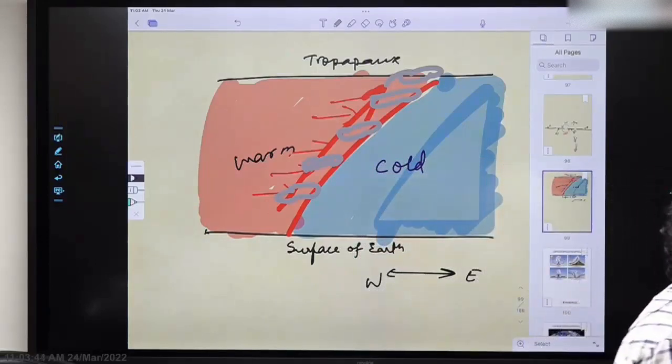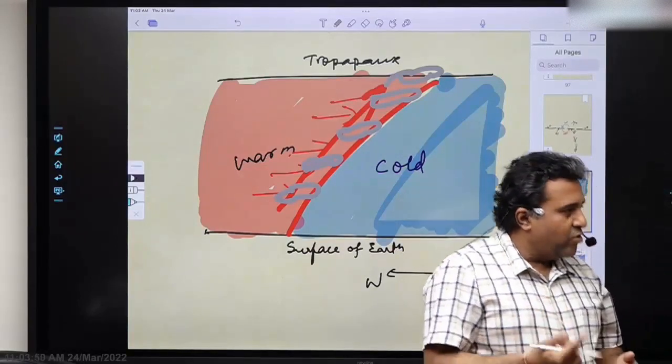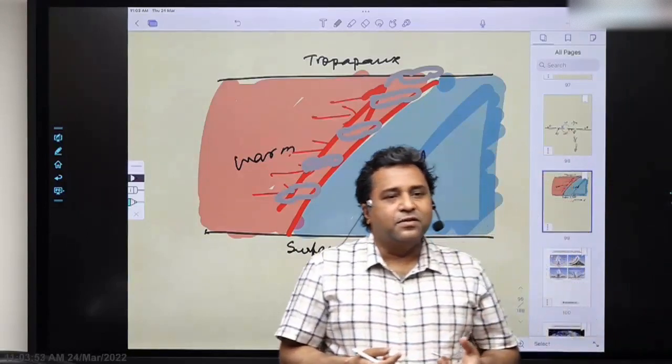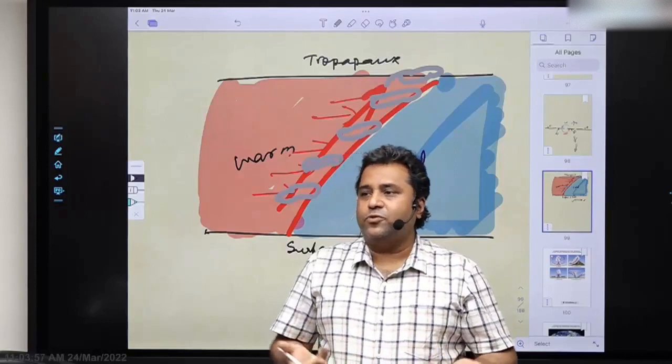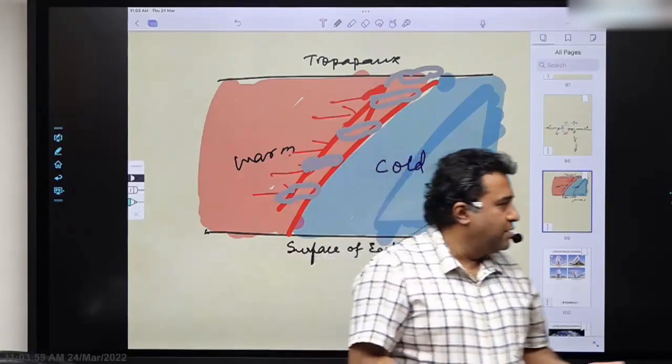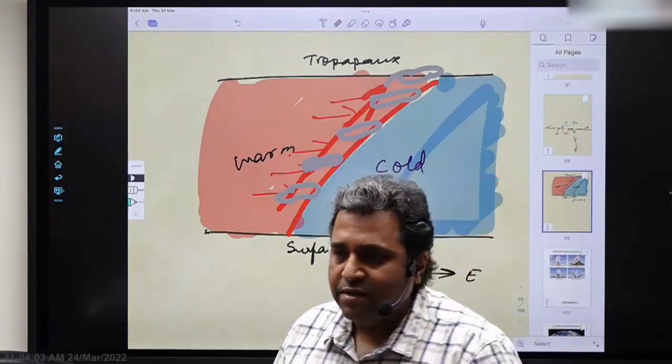So hence we call it cyclonic also. Why? Because it is fulfilling all the conditions of cyclone. Which were the conditions of cyclone? Low pressure, anti-clockwise circulation, spiraling inward, rising wind, cloud formation, rain, सब कुछ ही है. So you call it cyclonic. और कौन सा cyclone? Front का वजह से बन रहा है. So we call it frontal cyclone.